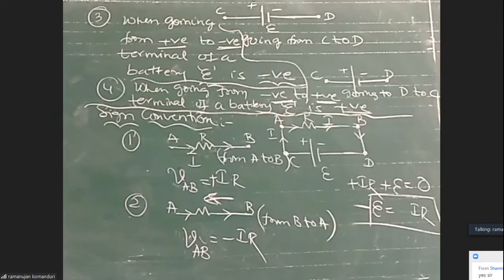Similarly, traveling from B to A, we are traveling against the current. Current always travels from a higher potential to a lower potential, no doubt. But now we are traveling against the current. When traveling against the current, you are traveling from lower potential to higher potential.